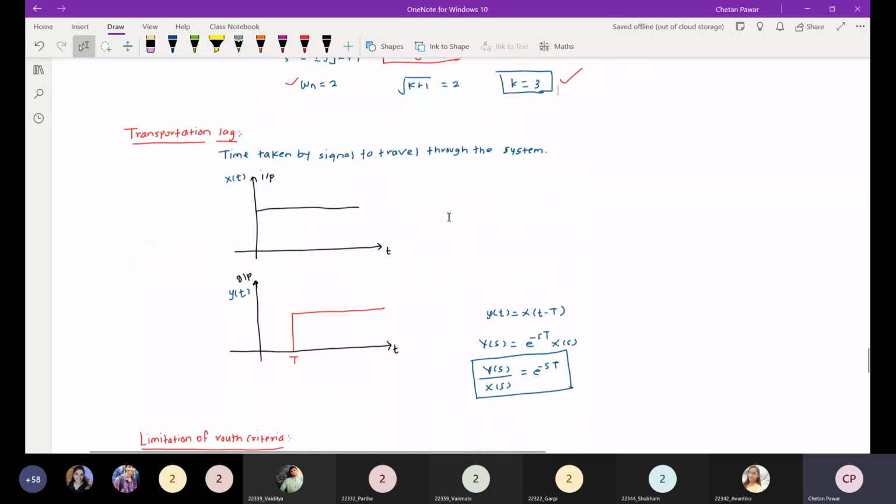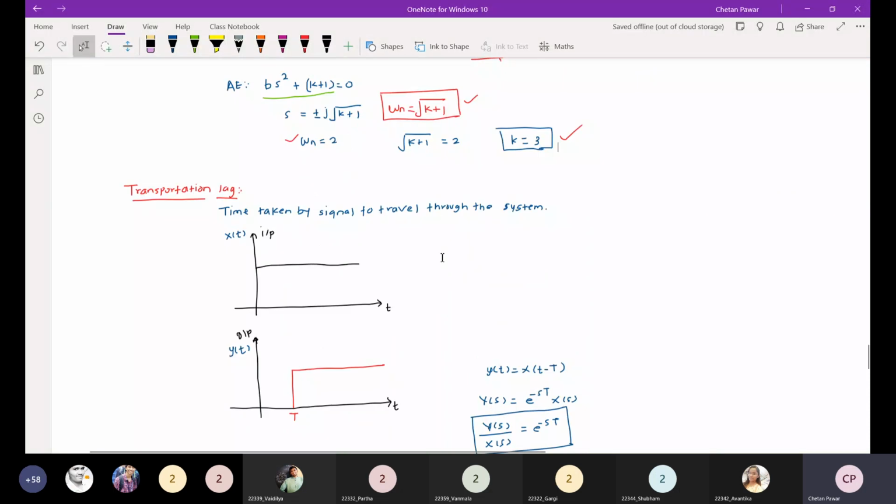Let us see one concept here, transportation lag. Generally, if you consider any digital circuit, each gate has some propagation delay, right?